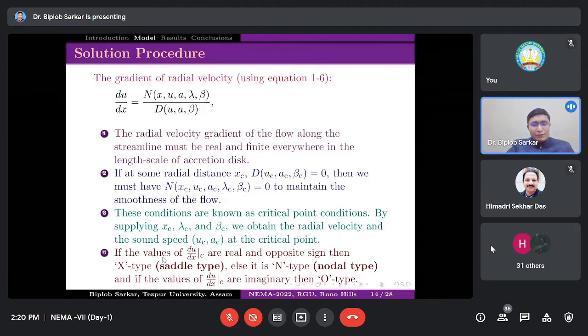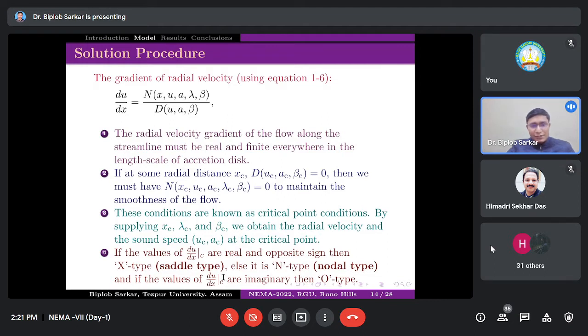Now, if the values of the radial velocity gradient du dx at the critical point are real and of opposite sign, then the critical point or the sonic point is called X type. Whereas if they are real and of the same sign, then the sonic point will be called nodal type or N type.